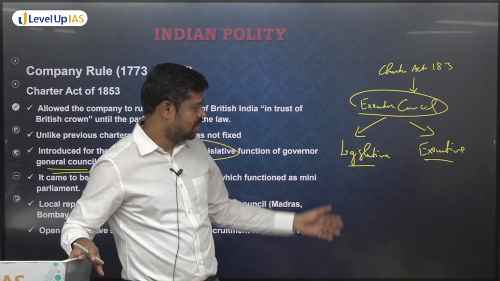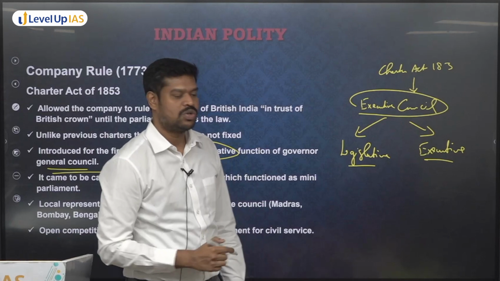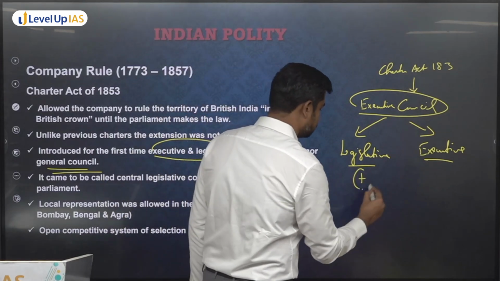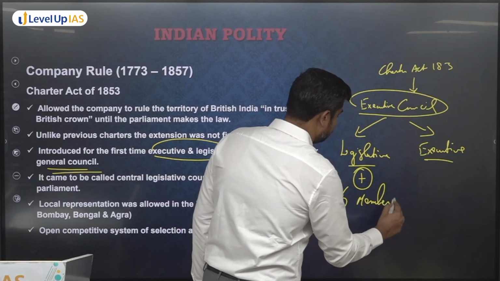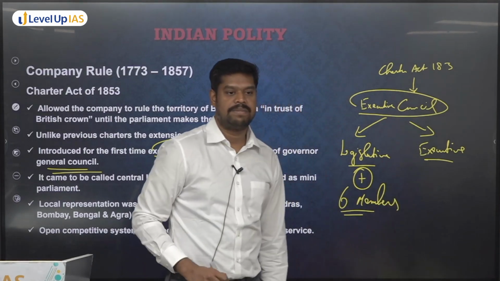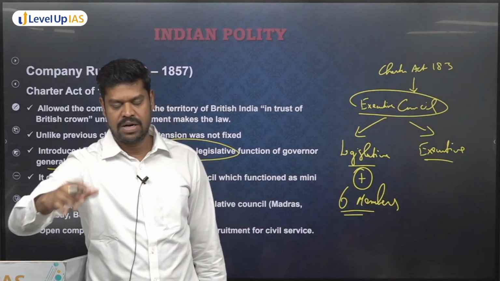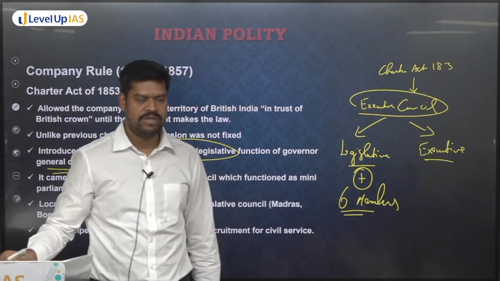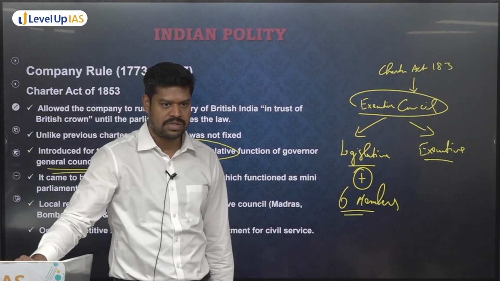But now there were an additional 6 members when they met for the legislative functions, and the majority of these members were representatives from the provinces like Madras, Bombay, and certain new provinces that were also created, like Agra at that point of time. So they are all representatives of these provinces.